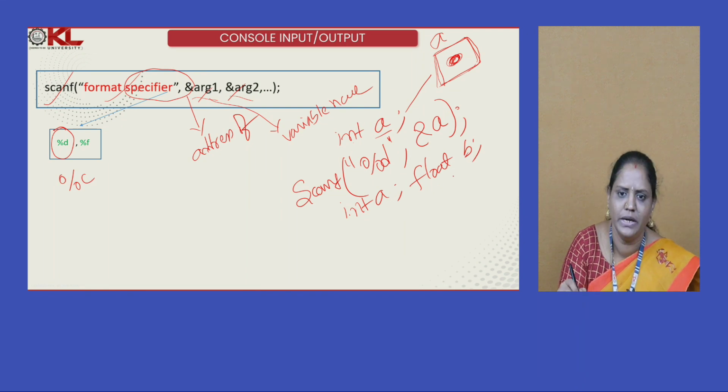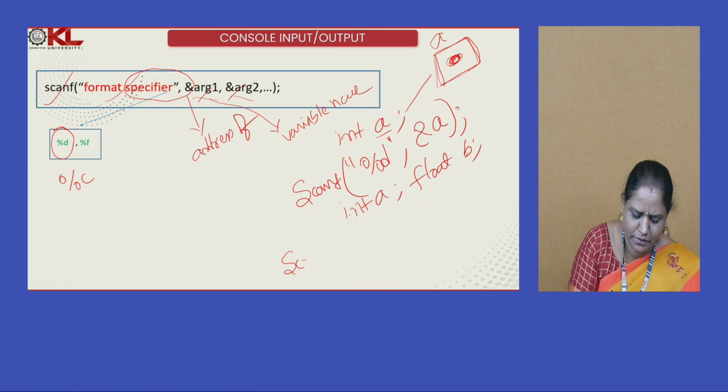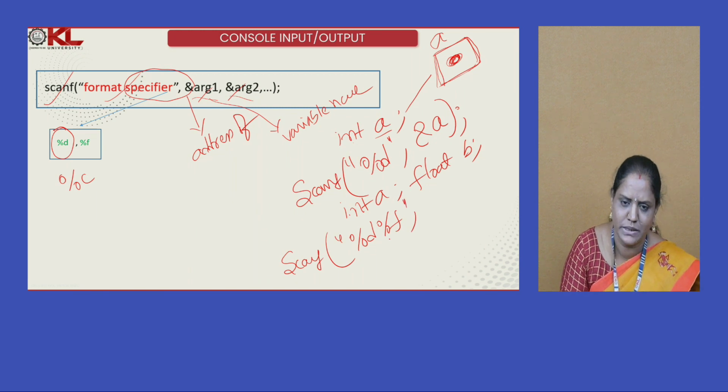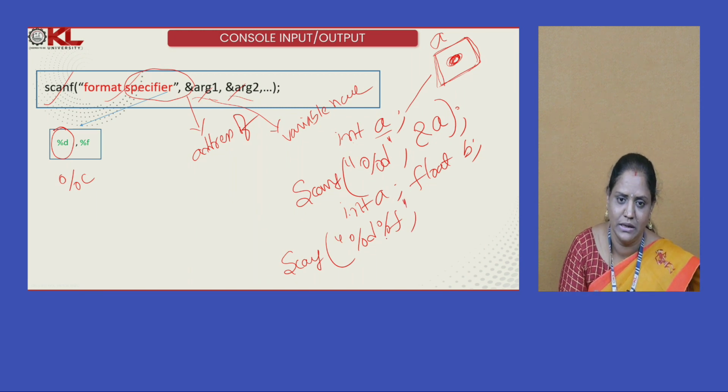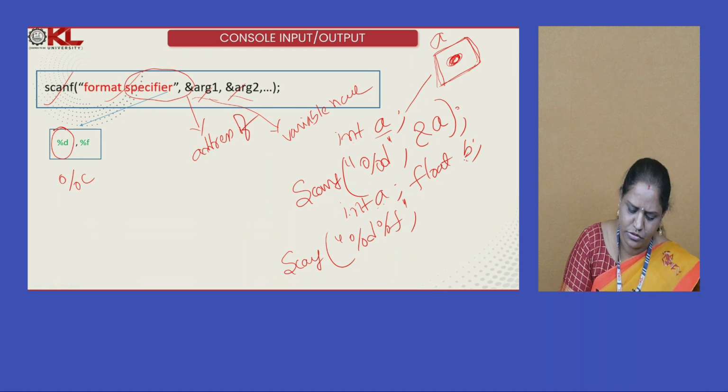For example, I have two variables, int a and float b. For these two variables I want to get input from scanf. So I can write the statement scanf with %d %f. I am giving two format specifiers because I want one integer value for a and one float value for b.